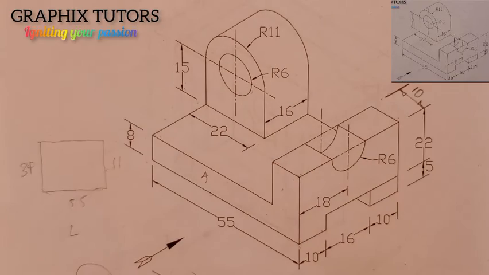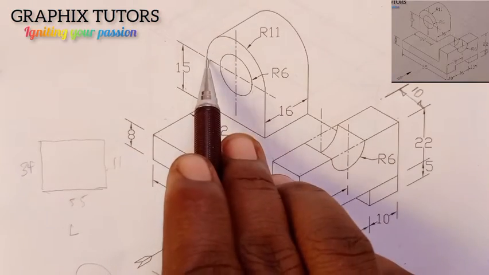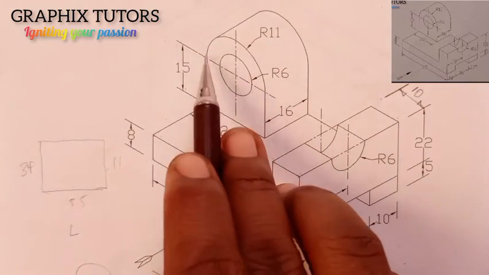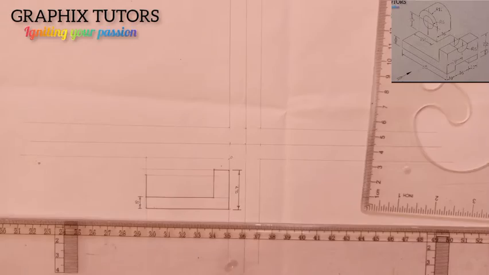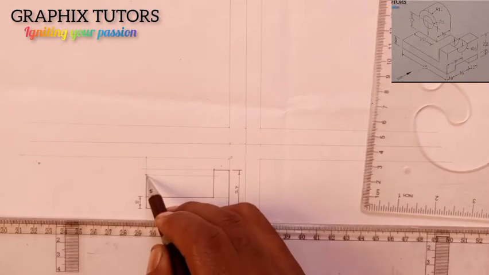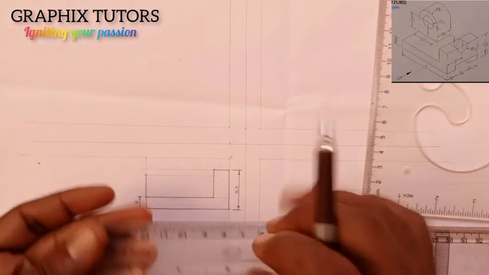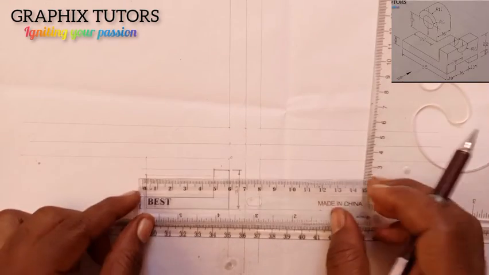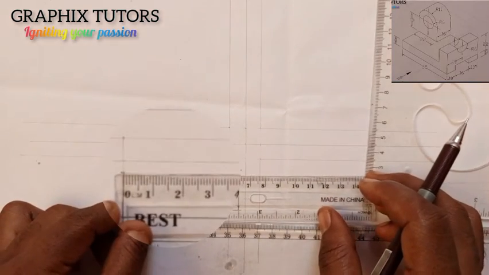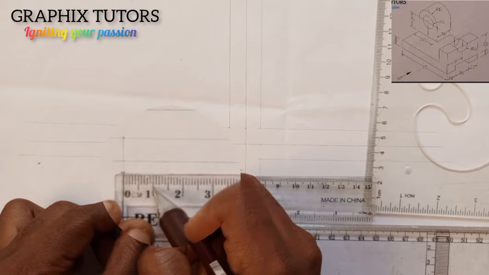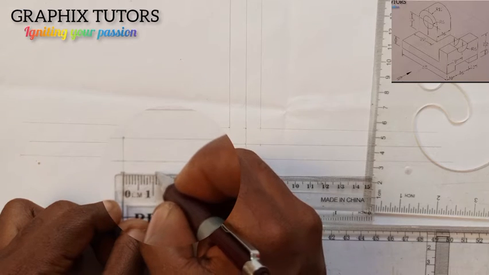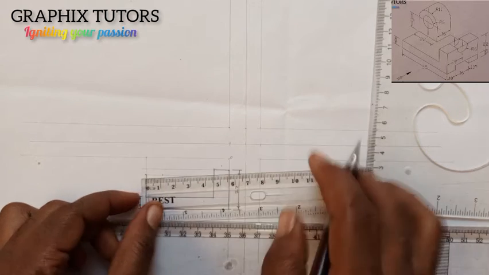So what will I do? I'll take my compass. From this point, I'll measure radius 11. So from this point, which is this point here, I'm going to measure radius 11. So with this, 0, this is 10, and this is what? 11. Right?